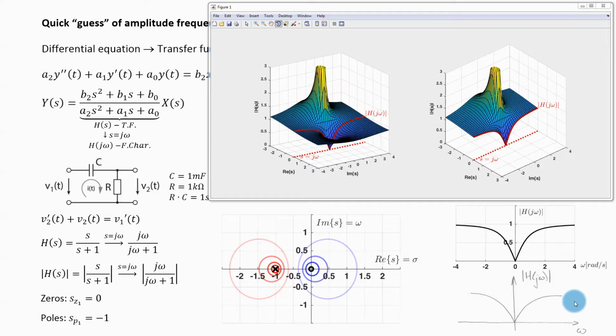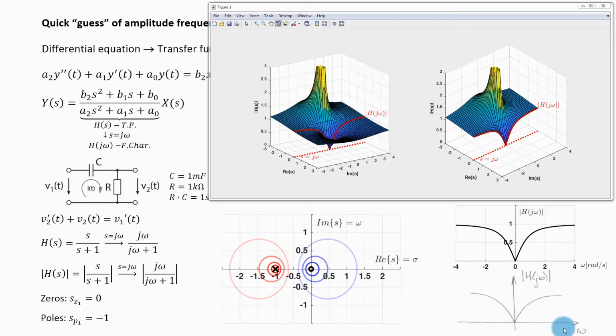Of course, when you draw your frequency characteristic like this, it is going to be very approximate, but qualitatively this approach is sufficient to recognize that this system is actually a high-pass filter. This 0 in the origin will cause this dip in the frequency characteristic, so the lower frequencies will be suppressed more than the higher ones.